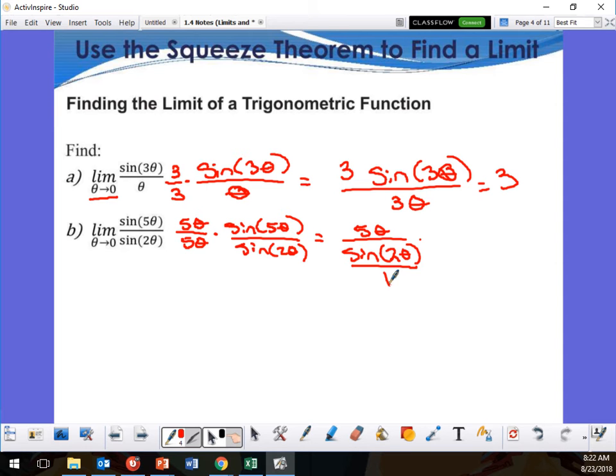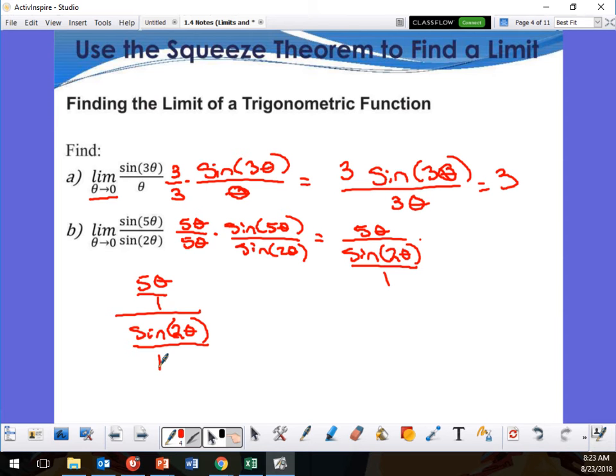All parts I could say is going to be over 1. So I could turn it into a fraction over fraction, right? So I could turn it into 5 theta over 1 over sine 2 theta over 1, right?